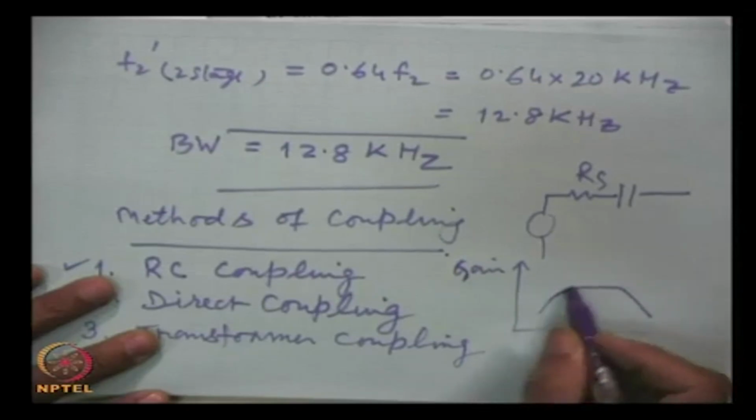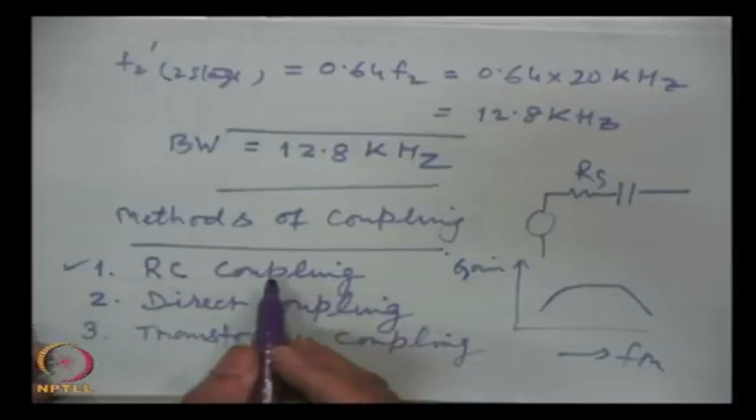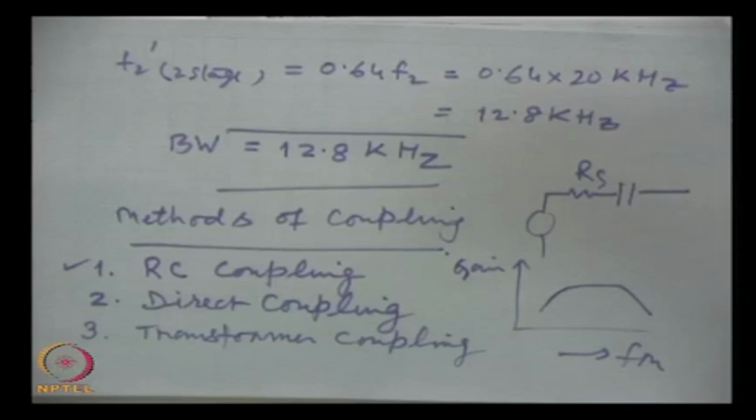So, this is the lower cutoff. For example, zero frequency DC signals cannot be coupled by RC coupling; the signal will not go to the next stage. Anyway, we have discussed enough of the analysis of RC coupled circuits.